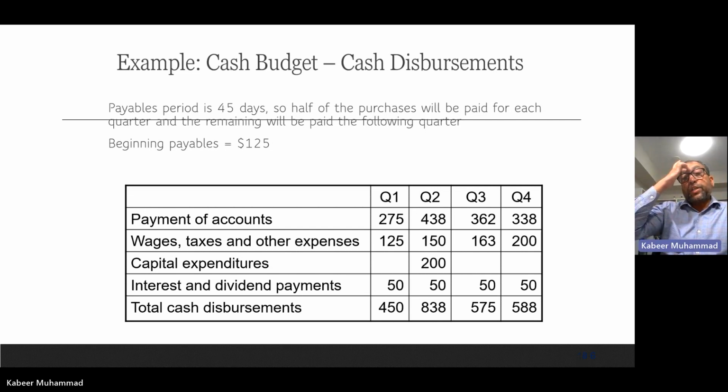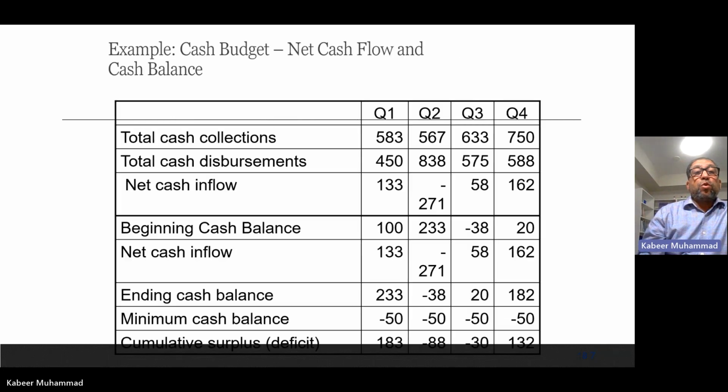Cash outflow. Now this cash outflow, we make it broader. Cash collections or cash inflows are from our first table, and cash disbursements or cash outflows are from our second table.